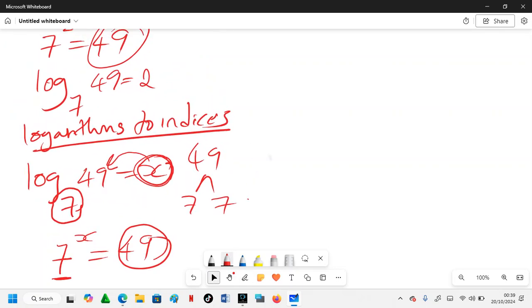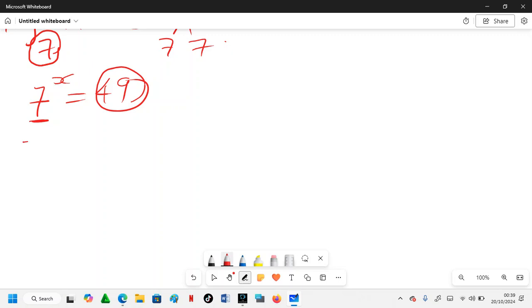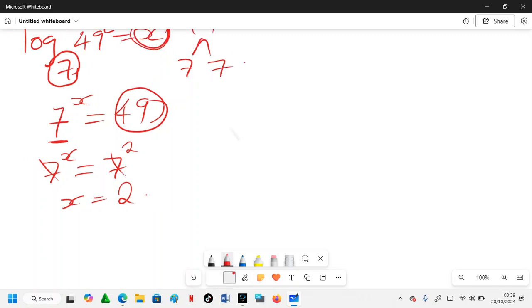So we are simply going to say that 7 to power x is 7 to power 2. It's another way of writing 49. 49 is just 7 to power 2. Therefore, we can drop the bases, and x is 2.